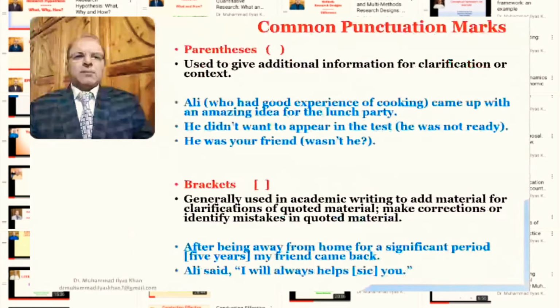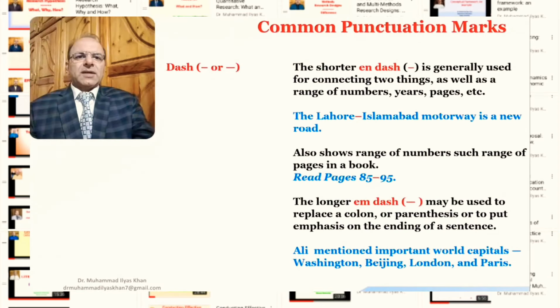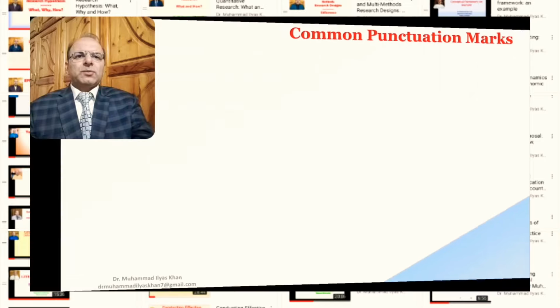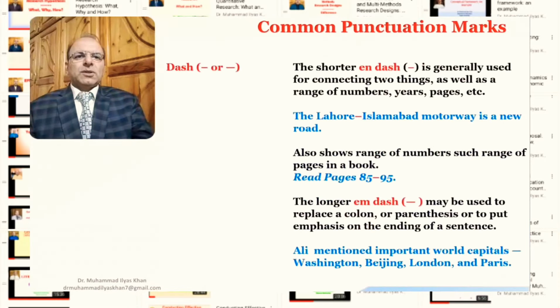The next important one is the dash, the use of the symbol dash. So dash has two types, the shorter dash, called the en dash, and the longer dash, the em dash.